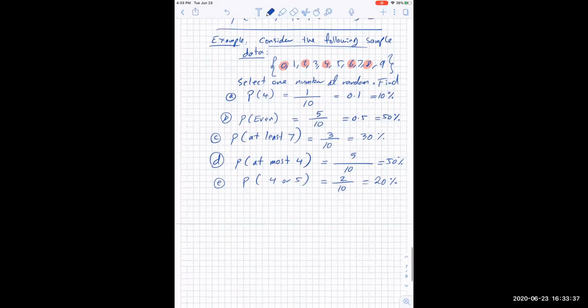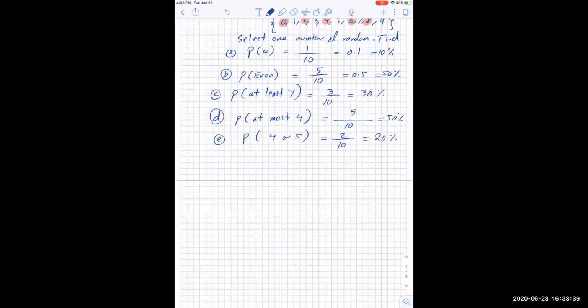Okay, so in general, probability of A is the number of outcomes of event A over the total number of outcomes.